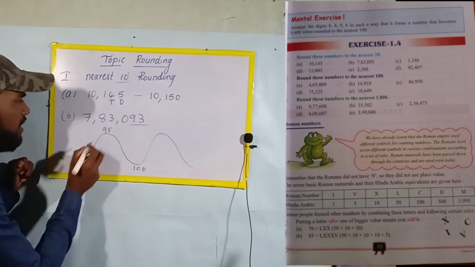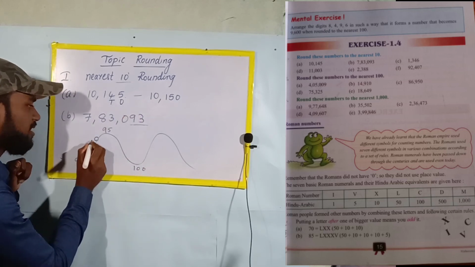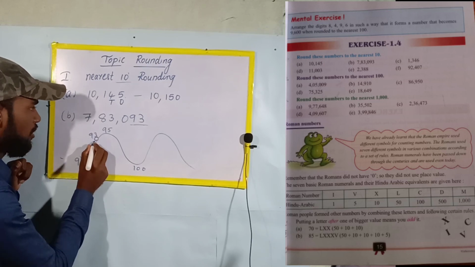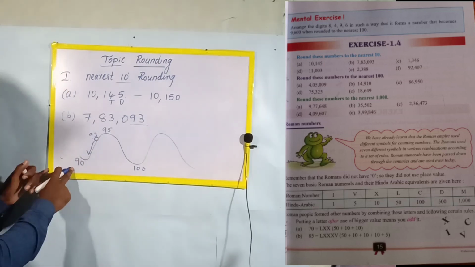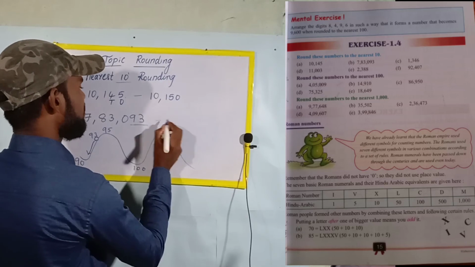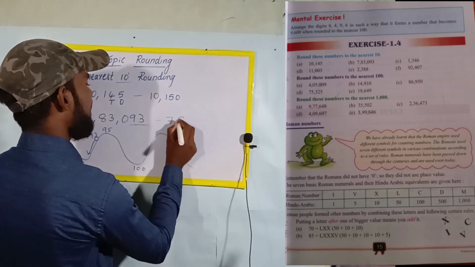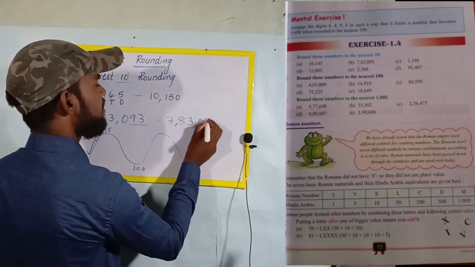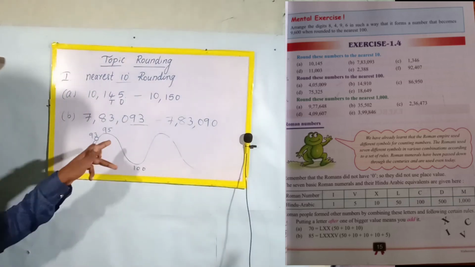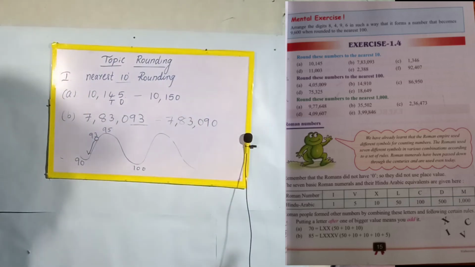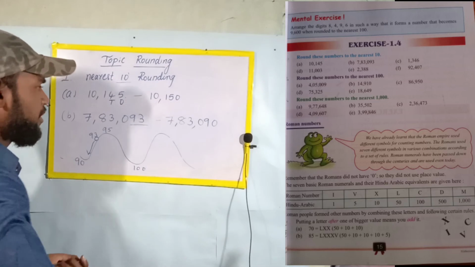Now 93 is there, the ball is here, and it moves towards 90. So what is the answer here? 7,83,090. Everyone clear? Like this you have to complete all the problems.